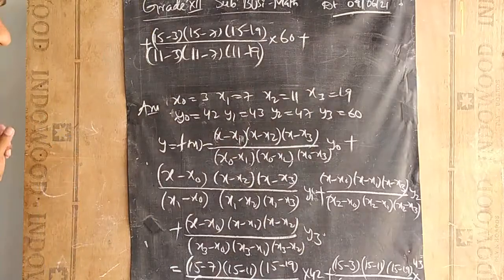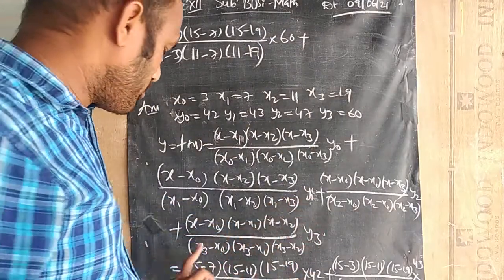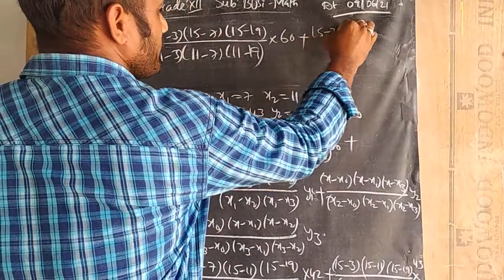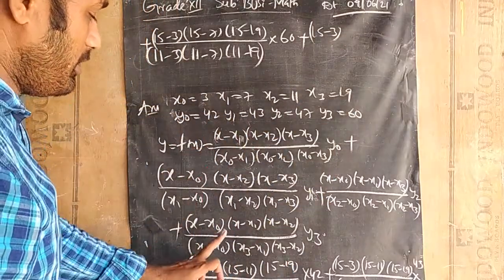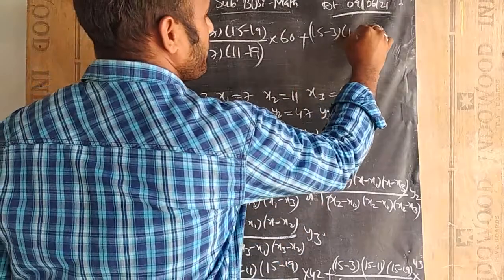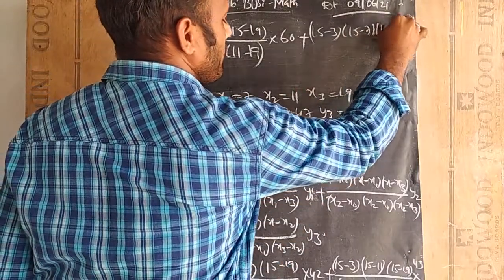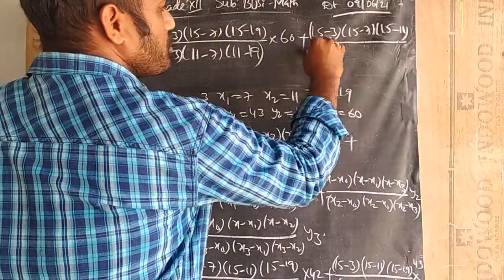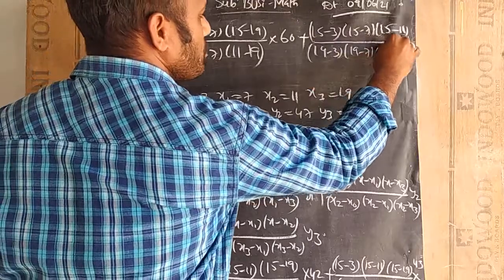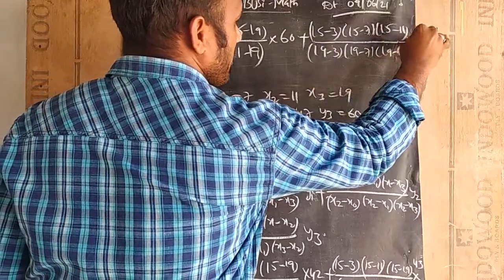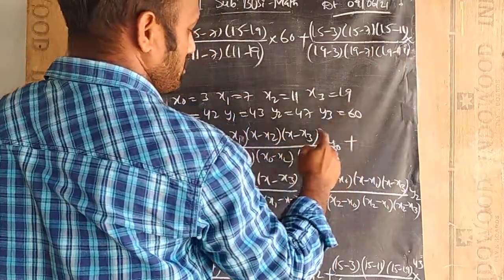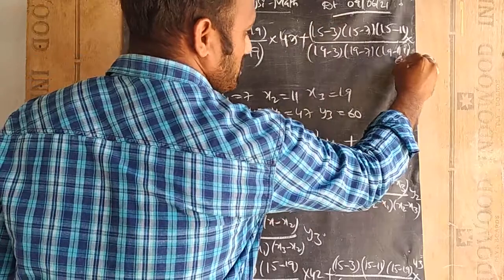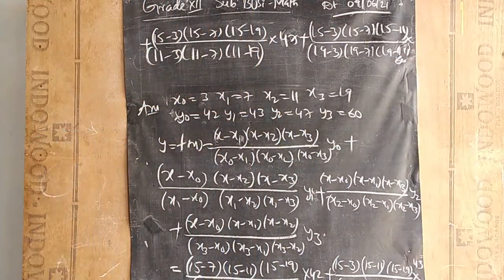Plus x minus x0, that is again 15 minus 3, into x minus x1, 15 minus 7, into 15 minus 11, divided by 19 minus 3, into 19 minus 7, into 19 minus 11, into y3. Sorry, y2 value is 47 here, y3 value is 60, y1 is 43.